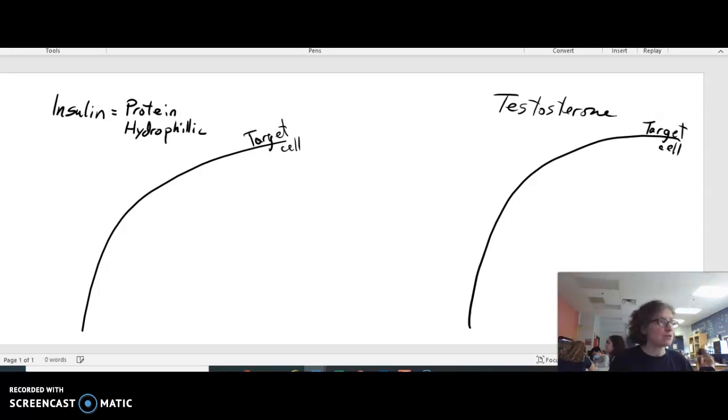Most molecules that encounter cell membranes are going to be hydrophilic. So what does that mean? If I draw a little circle and I'm going to tell you, this is the insulin hormone, what's it going to do when it comes up against the cell membrane, which is made up of a bunch of phospholipids? Is it just going to be able to go through?